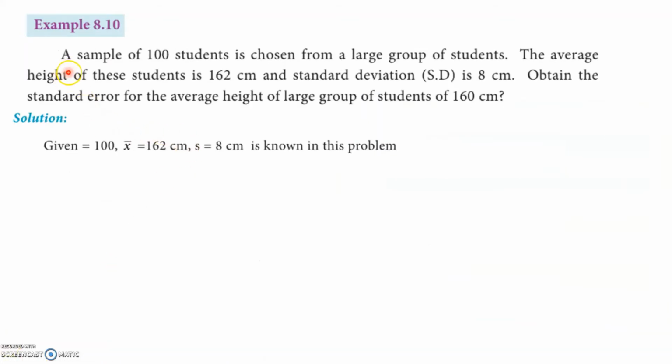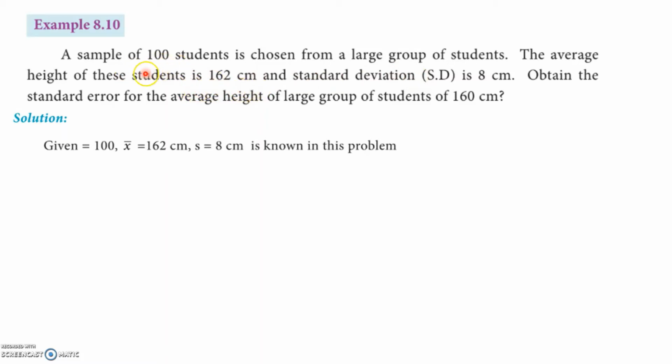Now the next problem. A sample of 100 students is chosen from a large group of students. The average height of these students is 162 centimeters and the standard deviation is 8 centimeters. Here we are given 100 students, which is our sample size, and you have taken their average height to be 162.